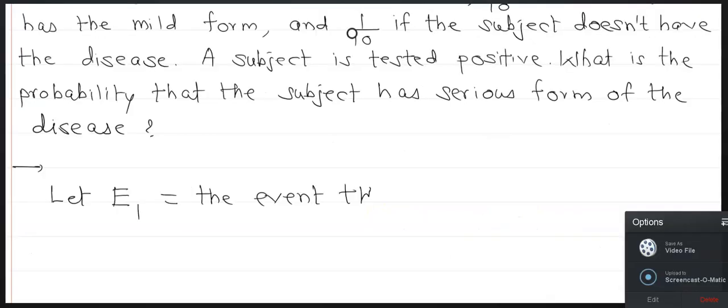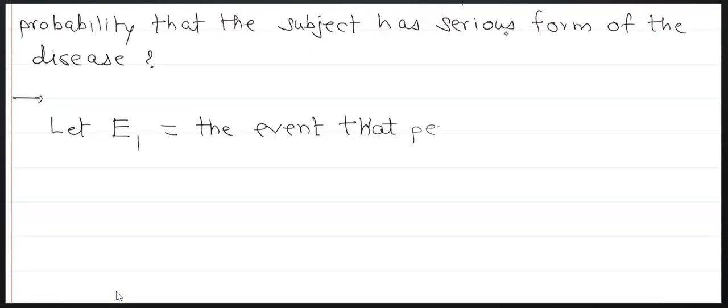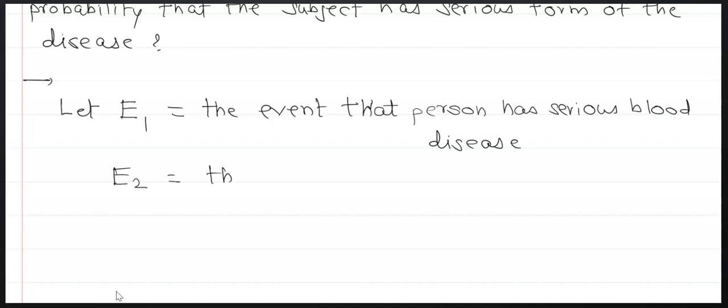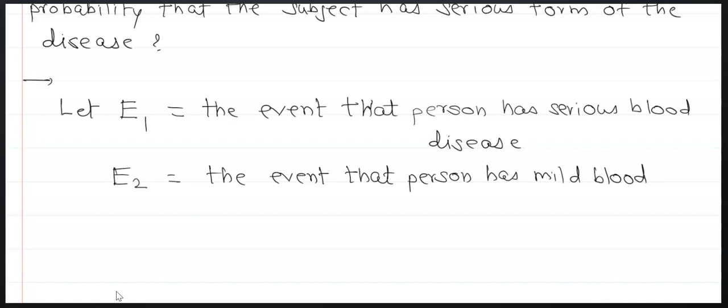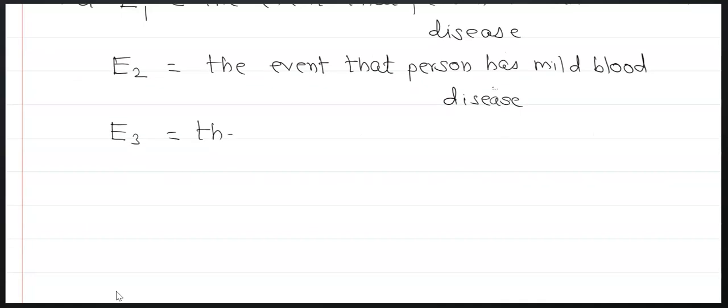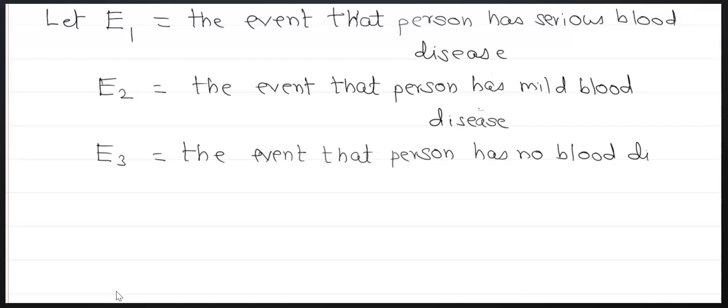Now see this. Let E1 be the event that the person has a serious blood disease, E2 the event that the person has mild blood disease, and E3 the event that the person has no blood disease.